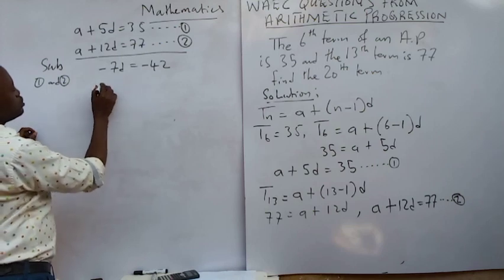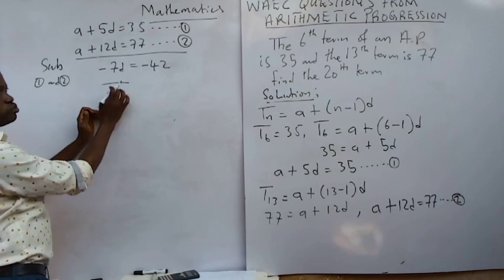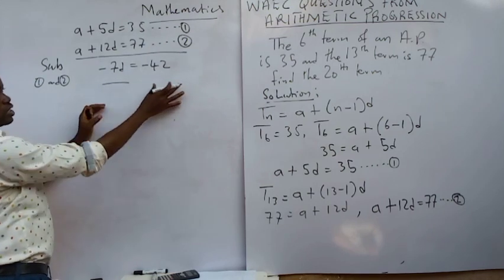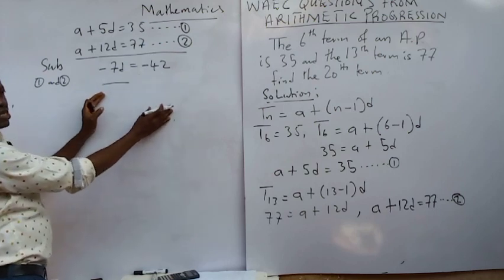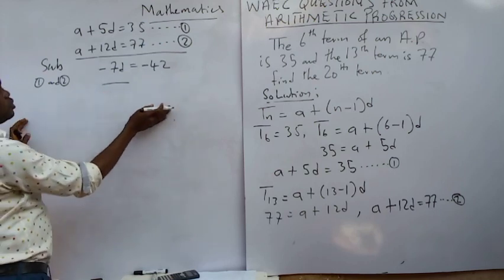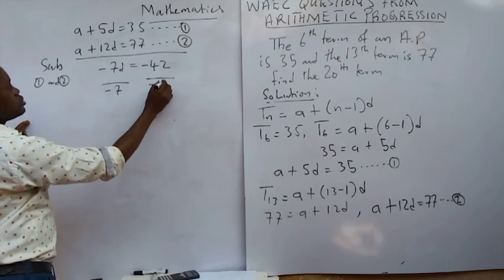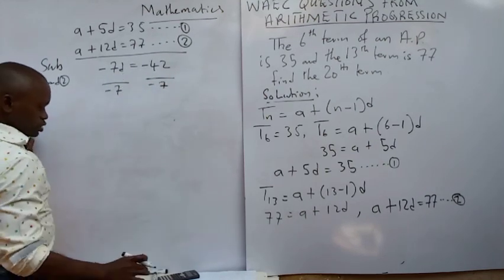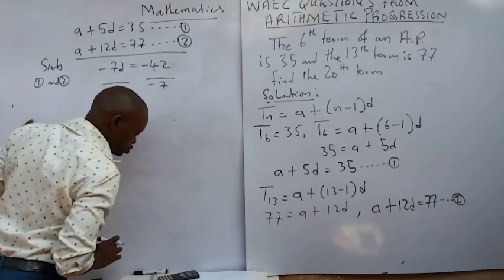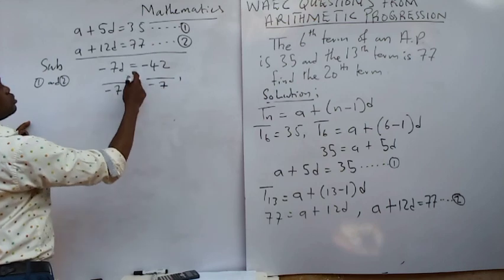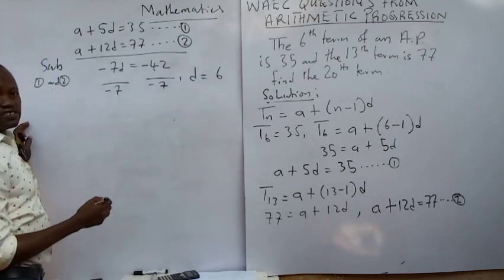If you are doing this in an examination situation, put that statement to show your examiner that you know what you are doing. So minus 7 all over minus 7. Let's check, 42 divided by 7 gives us 6. So D is equal to 6. The common difference is 6.